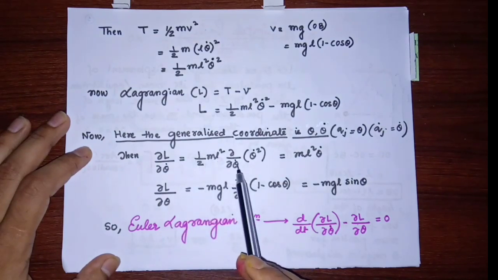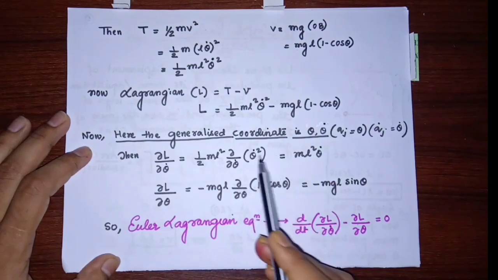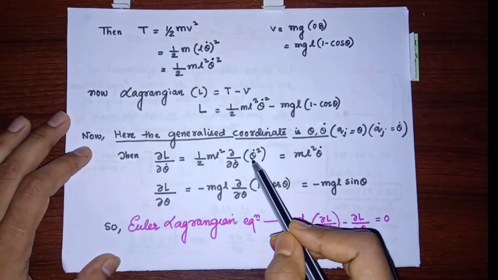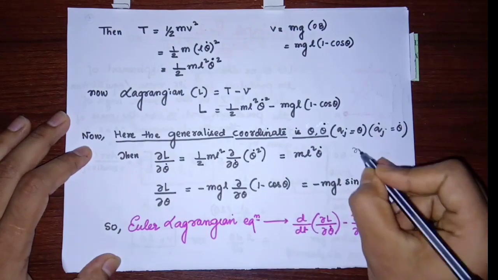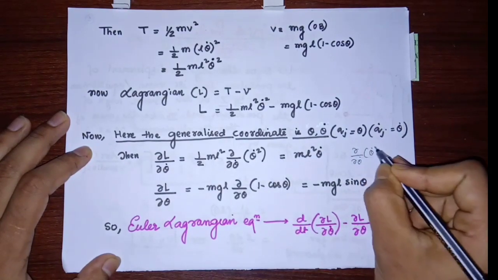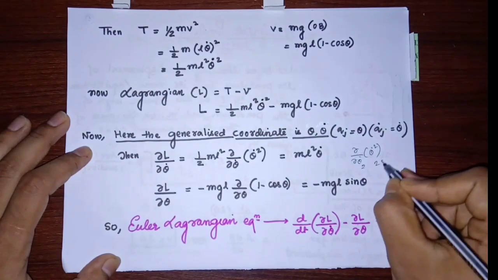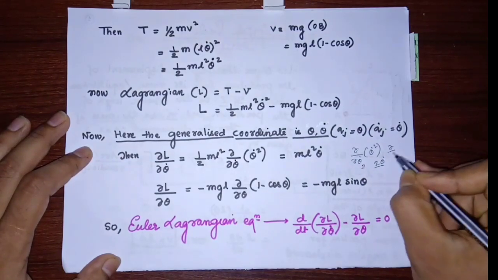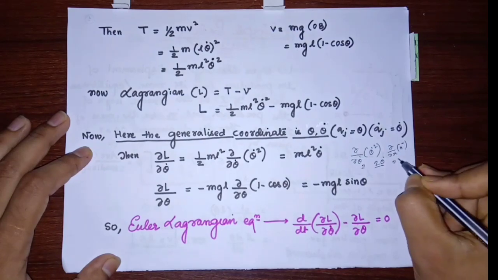Only del by del theta dot will act on theta dot squared, and del by del theta dot of theta dot squared is 2 theta dot, because d by dx of x squared is twice x.